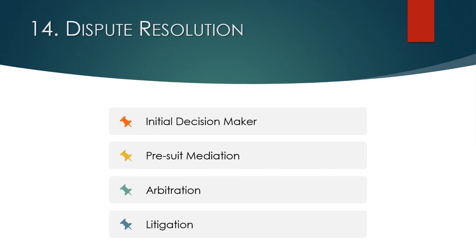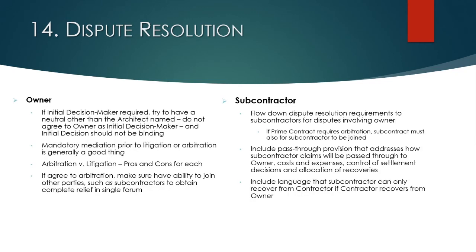There are different types of dispute resolution mechanisms: pre-suit mediation, during-suit mediation, arbitration, and litigation. The dispute resolution mechanisms in a good construction contract will spell out, start to finish, who, how, and where a dispute gets resolved.